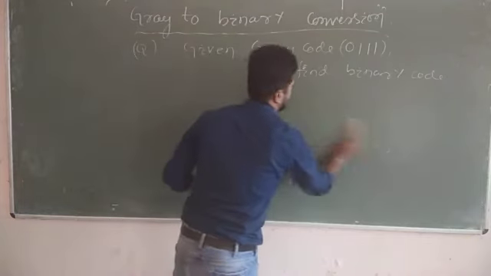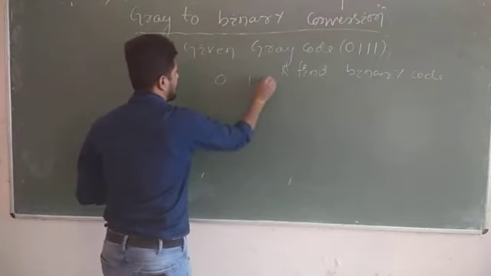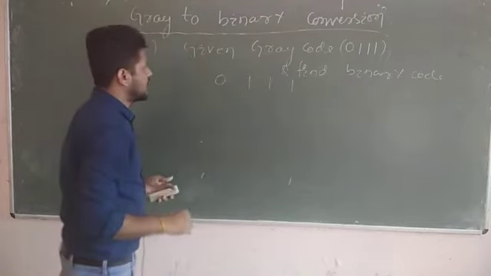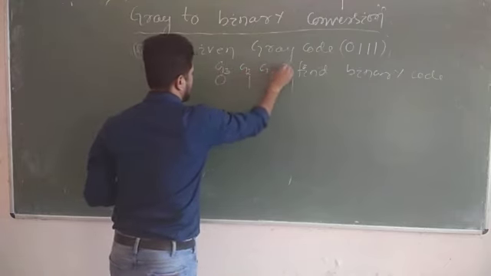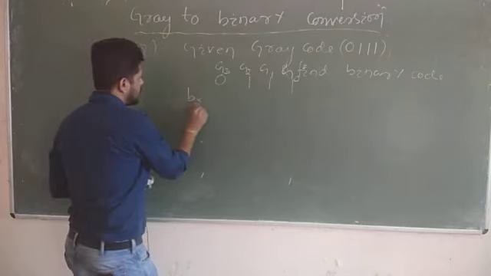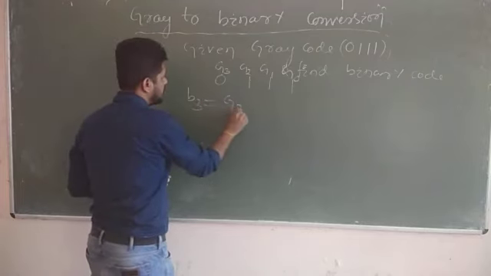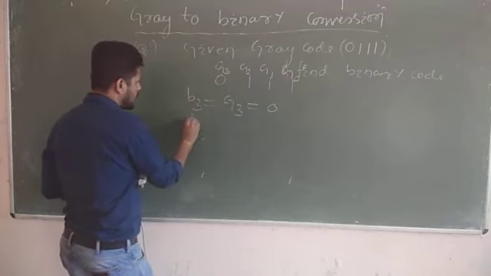So the given question is 0 1 1 1. So this is your G3, G2, G1 and G0. I have already told you that B3 is equal to directly G3, which is nothing but 0, because this is given as 0.